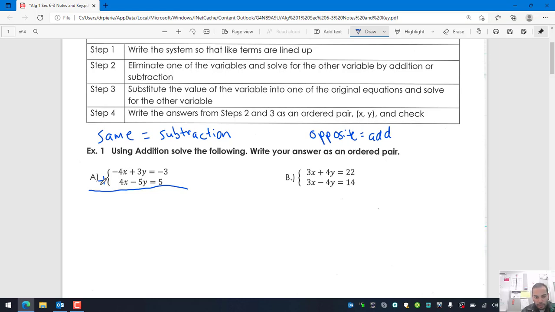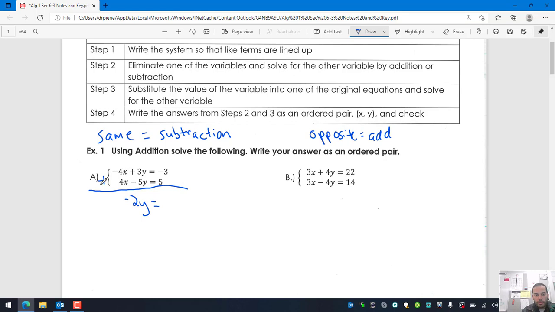Then the second term I see is I have +3y plus -5y. That's basically the same thing as 3y minus 5y, and I should be left with -2y. Then do the final step for the numbers. The numbers are on the right side of the equal sign.